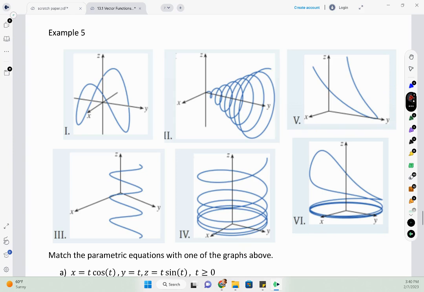I'm looking at these first to see if there's anything that stands out. One of them looks like a cylinder, right? This one right here kind of looks like a cone. This one right here looks sinusoidal.